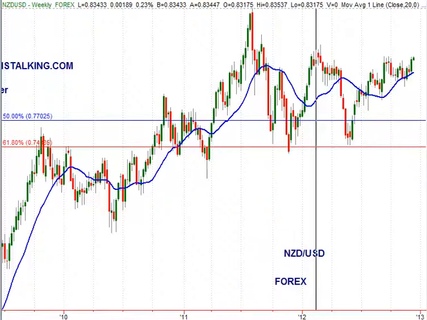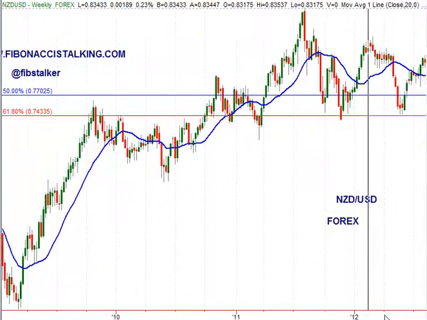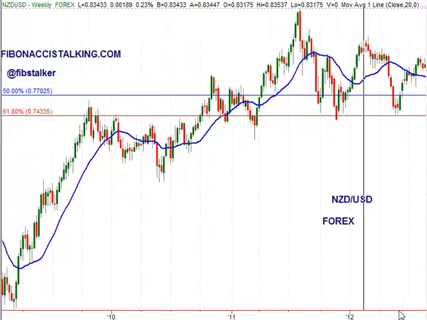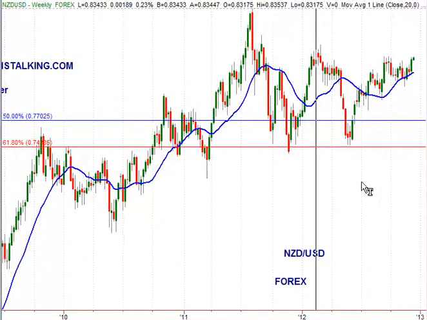Very neat, very clean, and that's not happening in the New Zealand dollar. So this means to me that this financial instrument is not as liquid as the Australian dollar versus the US dollar, and that's true actually, because the Australian dollar is one of the four pairs, along with the pound, the Canadian dollar, the Japanese yen, and the euro. Of course, it's one of the instruments showing more volume in absolute. So the New Zealand dollar versus US dollar does not show that volume, and it shows up in this retracement.